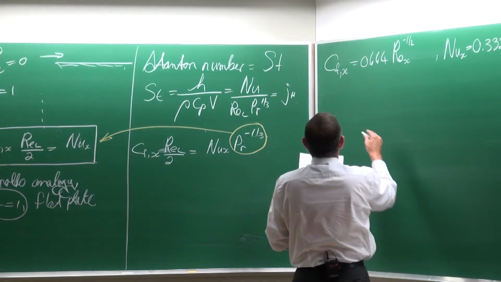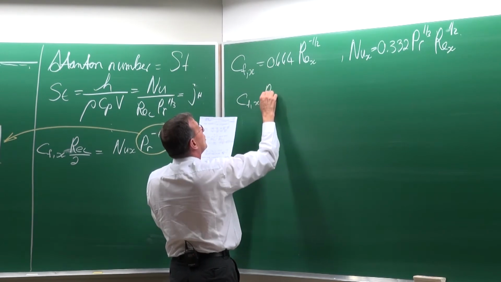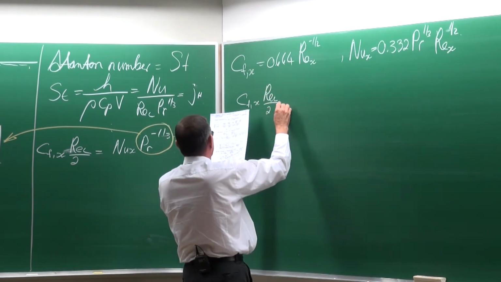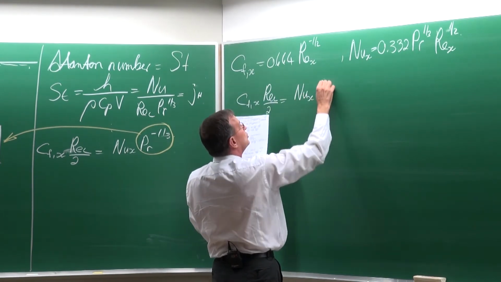Or, in more general, Cf,x multiplied by Reynolds divided by 2 is equal to Nusselt x Prandtl to the minus third.